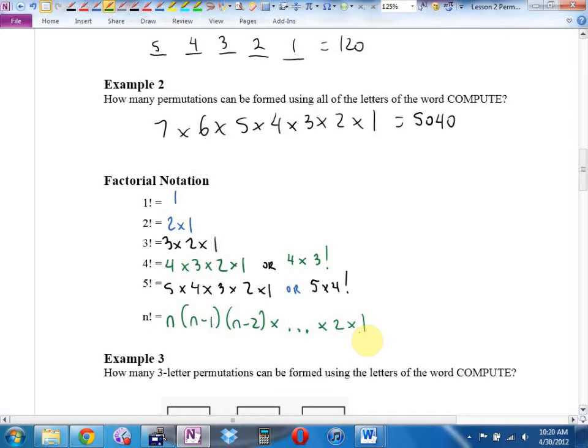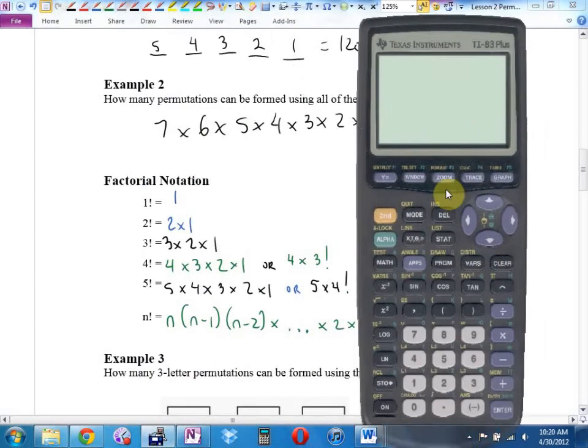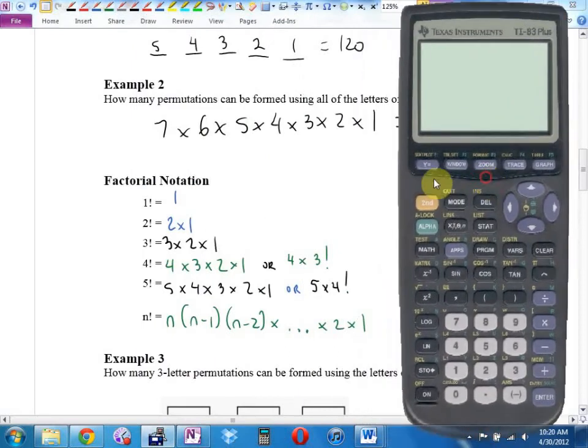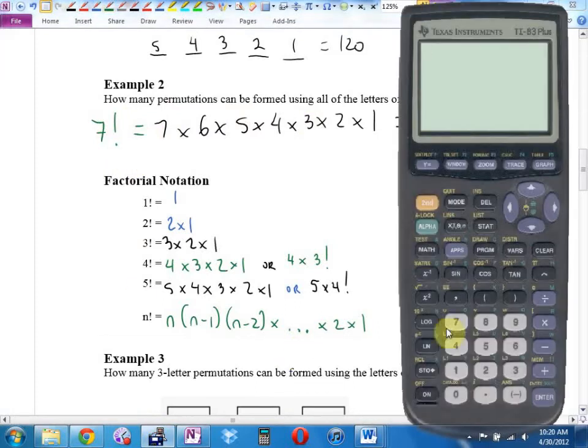And this is on your calculator somewhere. Steph's trying to figure out where. All of you get your graphing calculators out, please. The one I'm interested in is example 2. Over here, can we write that this is really 7 factorial, yes? How would we find that on our calculator? We would type 7.